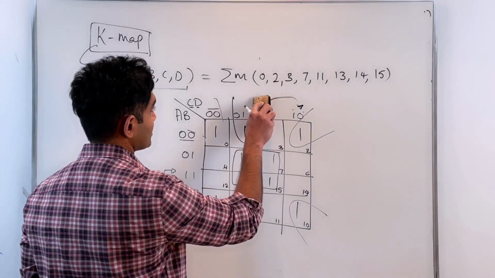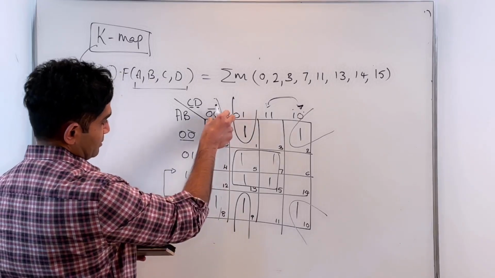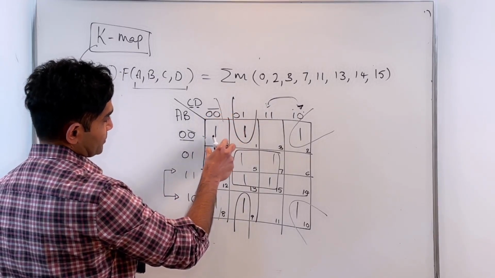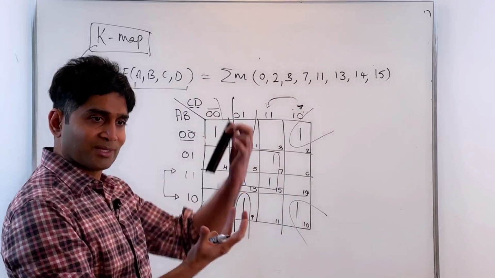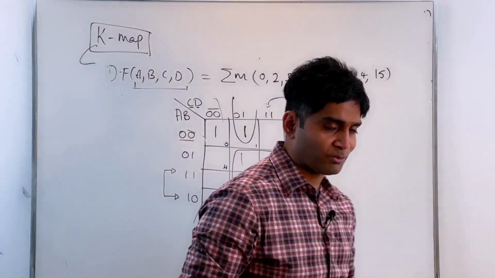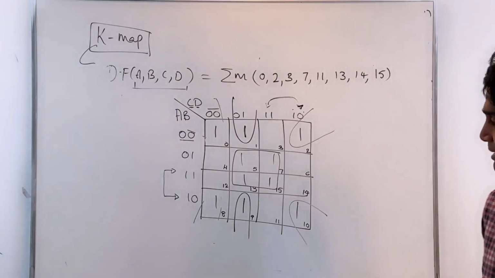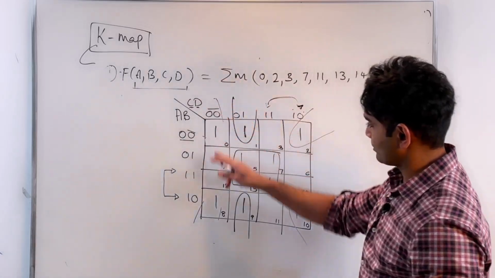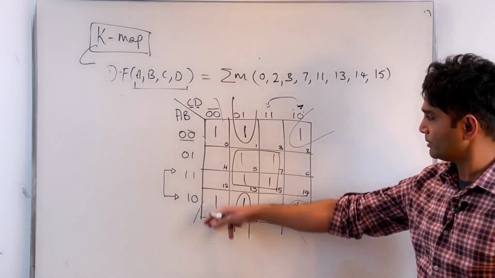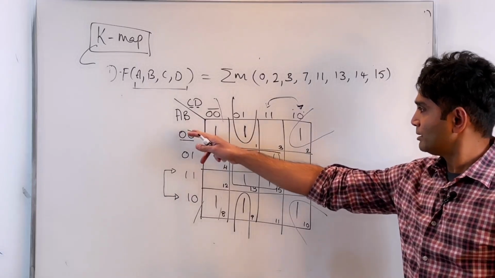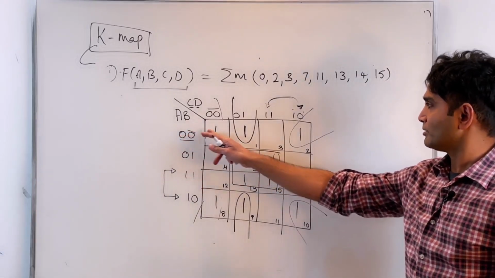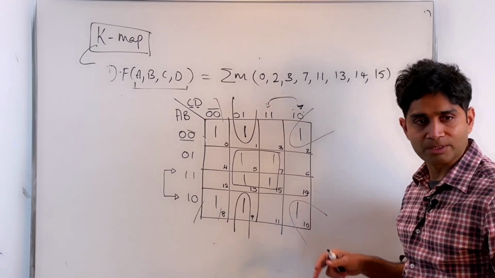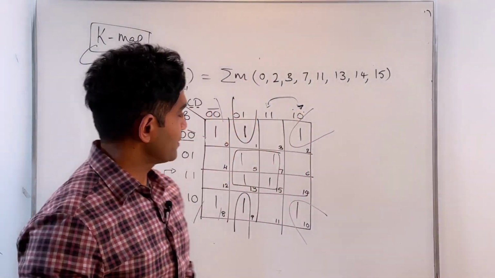In other words, you can actually fold them into a three-dimensional spherical shape to make them touching each other, I guess. But yes. So this column is adjacent to this column. This row is adjacent to this row. All right.